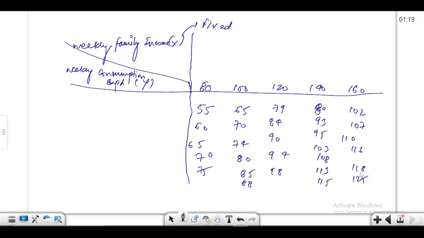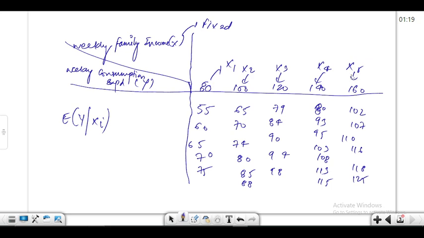Okay, so what is my aim here? I have to find the expected value of y given xi. So what is my xi? Say, this is x1, this is x2, this is x3, this is x4, and this is my x5.